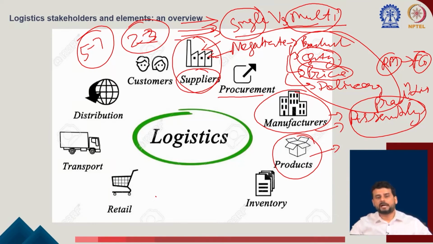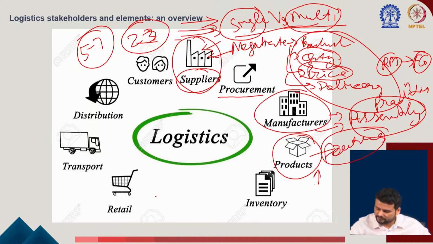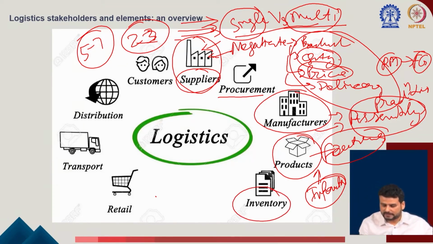So this product, again, how you are designing the features, obviously that information is also coming from your logistics partner, depending upon the customer preferences. Then inventory you need to keep so that you can ensure continuous supply to the market.